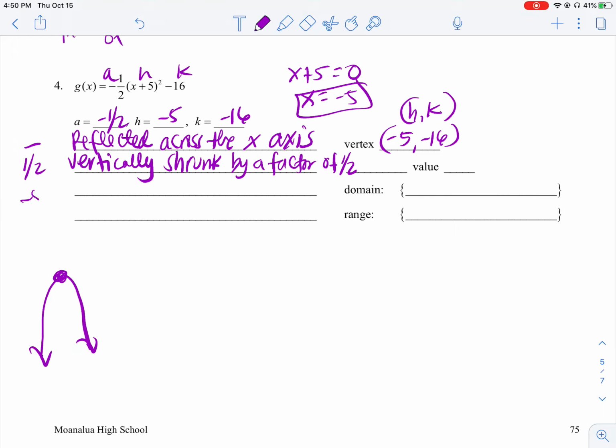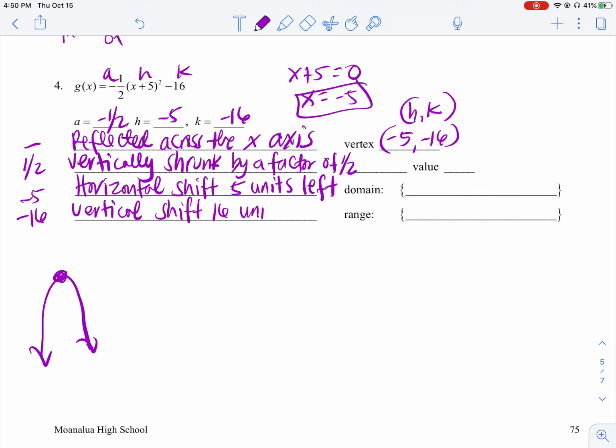And then what is this? Negative 5. So that's a horizontal shift 5 units left, right? Because it's a negative number. And then negative 16, so vertical shift 16 units down. And because I have a graph facing downwards, I have a maximum value of k.